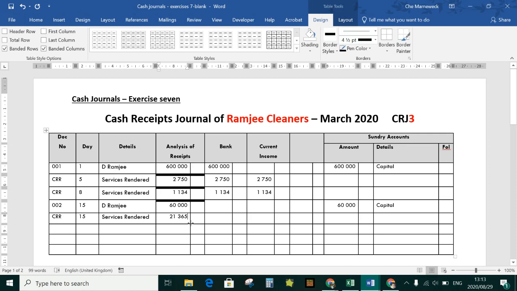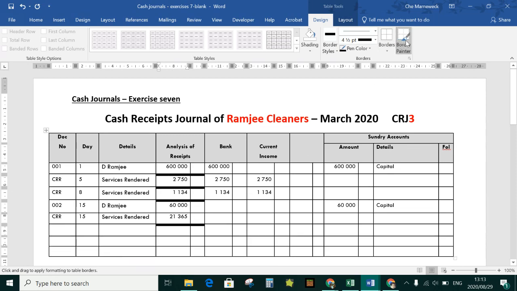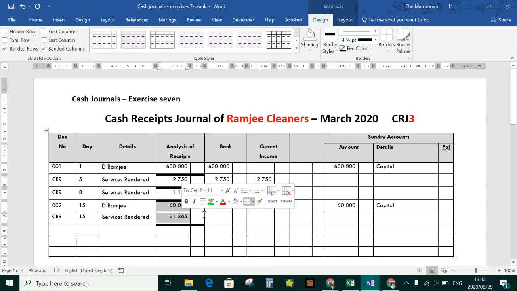It's the end of day 15. Do we receive any more money on day 15? No. So we underline analysis of receipts. We add our values together to deposit into our bank account, 81,365. And we need to record that 21,365 as current income.